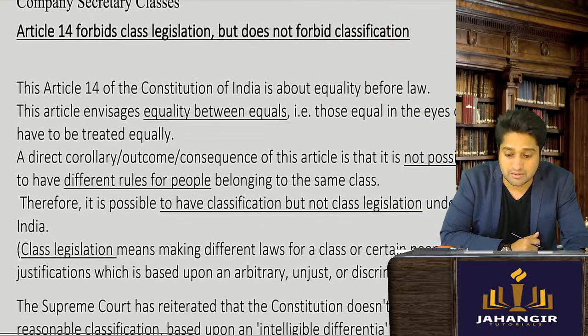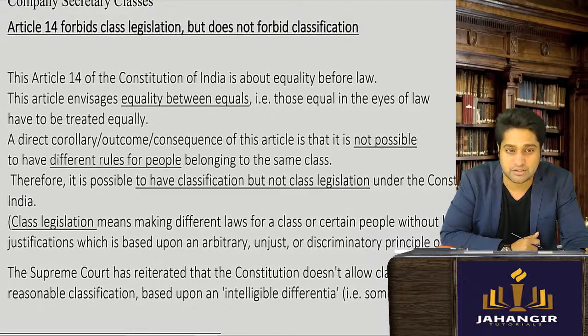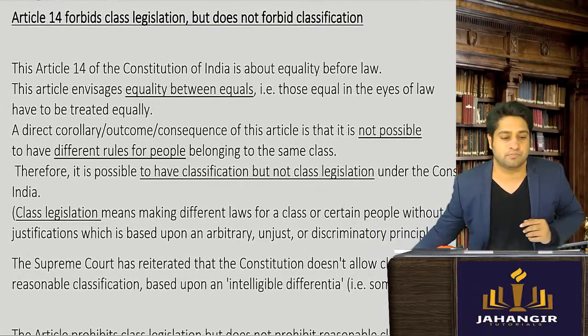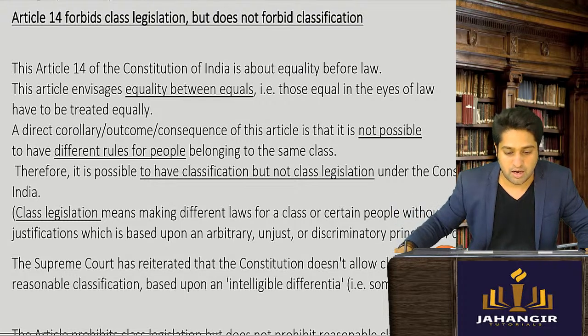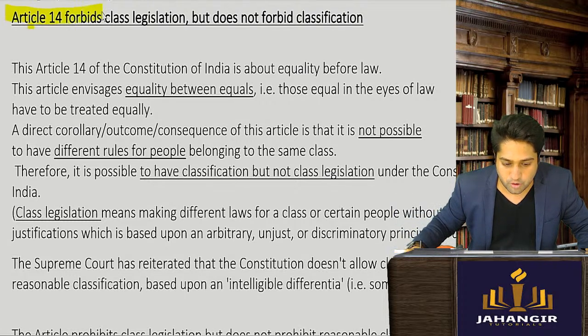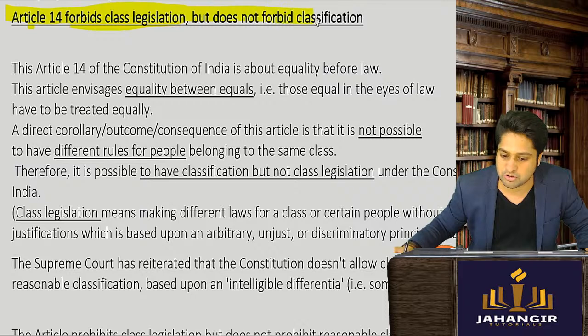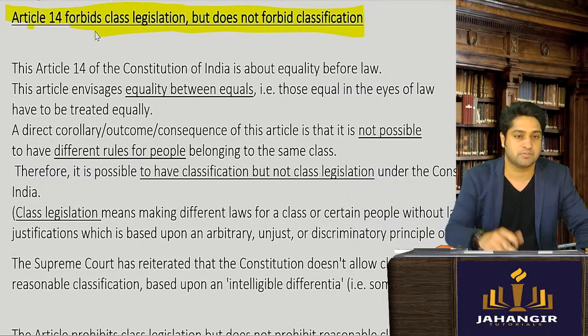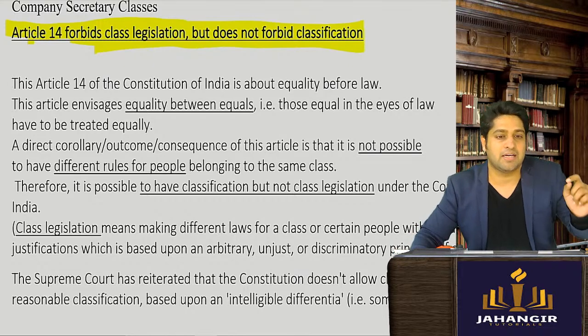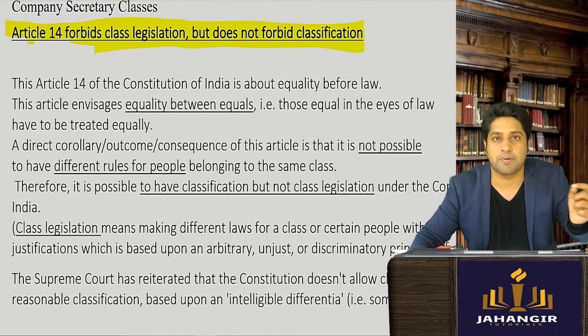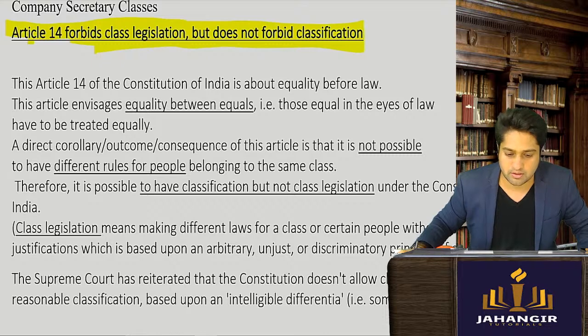Okay. Then comes a very important line which they ask you to explain. That is, Article 14 forbids class legislation but does not forbid classification. Let's see what is the meaning of this. Article 14 forbids. Forbids means what?